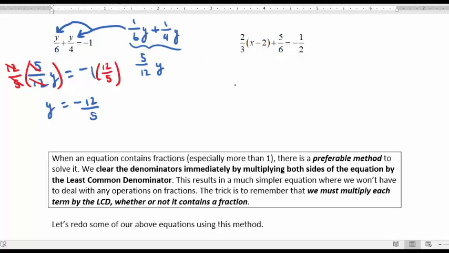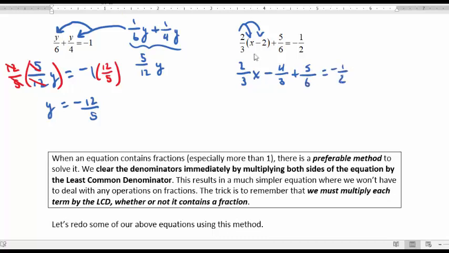So then in this last one, this is the one that has basically, I guess, all 4 steps involved, right? Because we have parentheses, so we need to distribute to get rid of those parentheses. So we'd have 2/3 x, and 2/3 times -2 is -4/3 plus 5/6 equals -1/2.